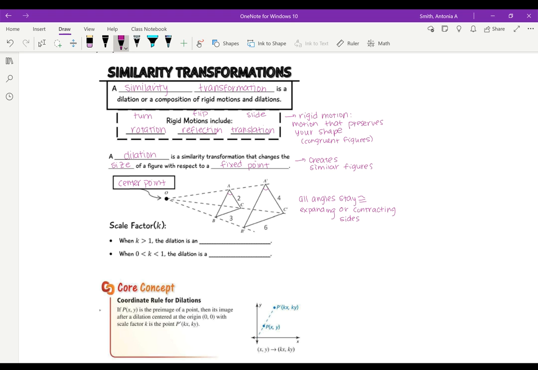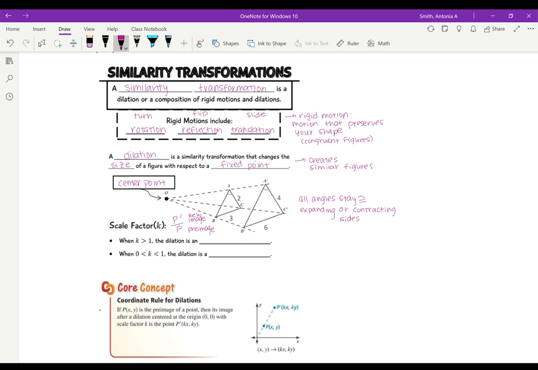We've talked about scale factors a little bit before, but now we're going to be very particular with our scale factors. When you are talking about a scale factor, we are using the notation P prime over P. P prime is the point of your new image, and P was the point from your pre-image, or your original image.